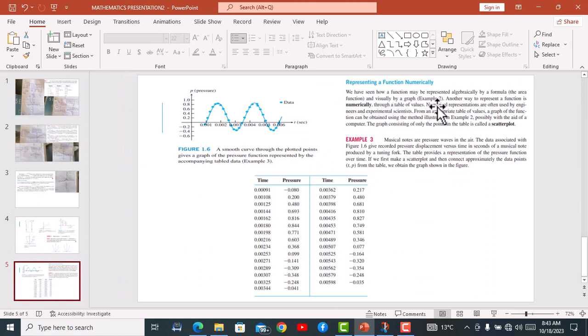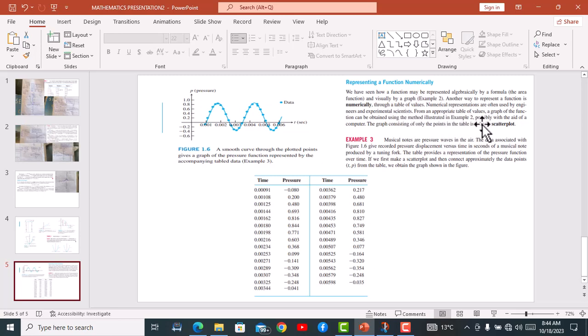Through a table of values, numerical representations are often used by engineers and experimental scientists for their usefulness, of course. From an appropriate table of values, a graph of the function can be obtained using the methods illustrated there.